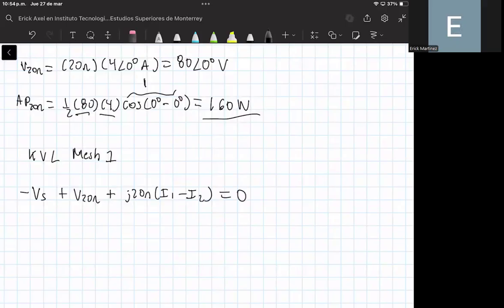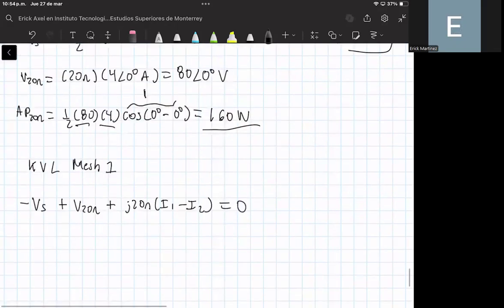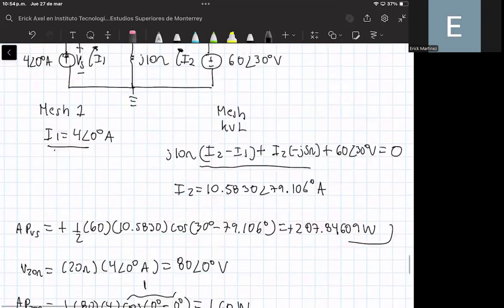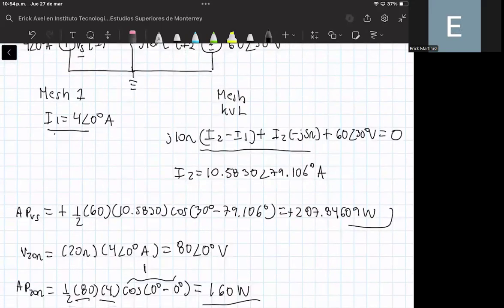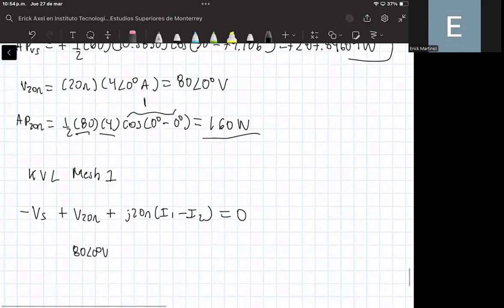So you can substitute all the values into this equation, including the value of the voltage source, and we can substitute the values of I1 and I2 into this expression.